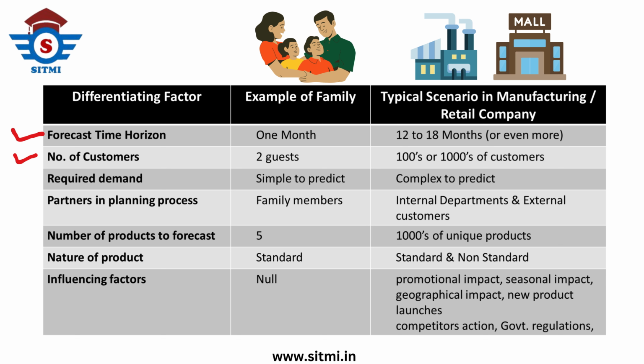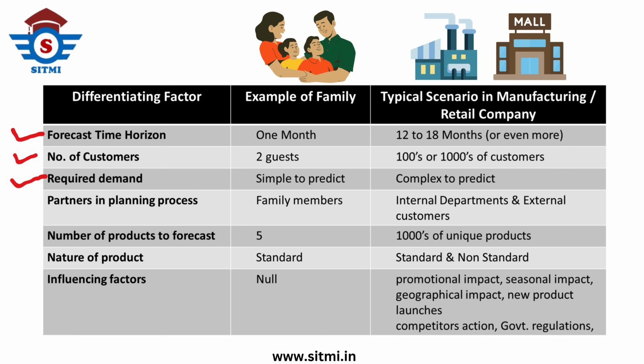The second factor is the number of guests who will visit, or simply the number of customers from an industrial point of view. In our example, there are only 2 guests, but in today's world of globalization, companies deal with hundreds or thousands of customers, and that's why it's fairly complex to understand each and every customer and their pattern of consumption.